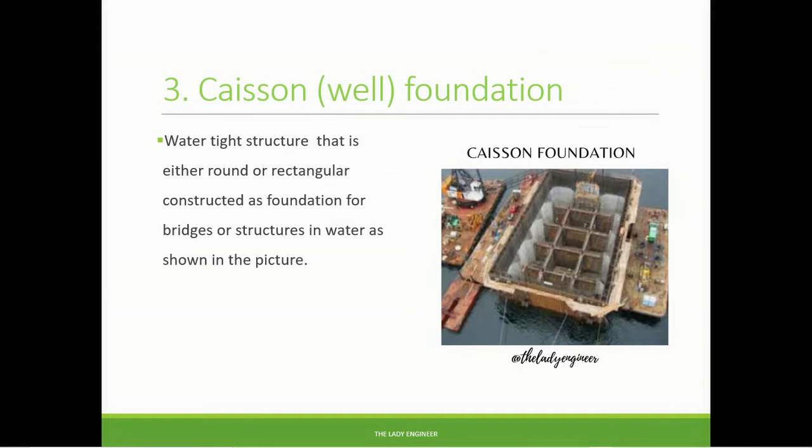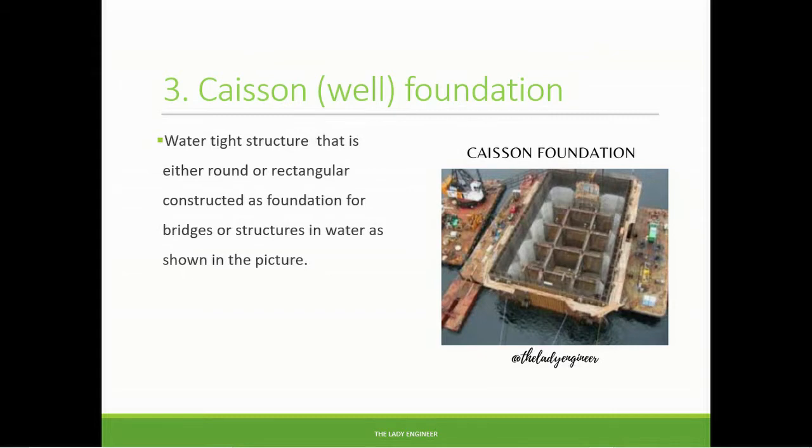If you look at the picture, the foundation is that concrete stuff inside and the outer layer. That thing which looks wooden is a temporary structure constructed to exclude water from the area where the foundation is being constructed. And this structure, which prevents water from seeping through the construction area, is called a coffer.